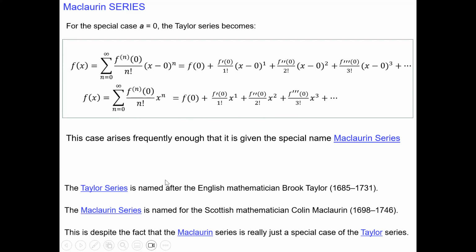The Taylor series is named after the English mathematician Brook Taylor. The Maclaurin series is named after the Scottish mathematician Colin Maclaurin. But they worked independently, and Maclaurin is just a specific case of Taylor because it's centered at 0.